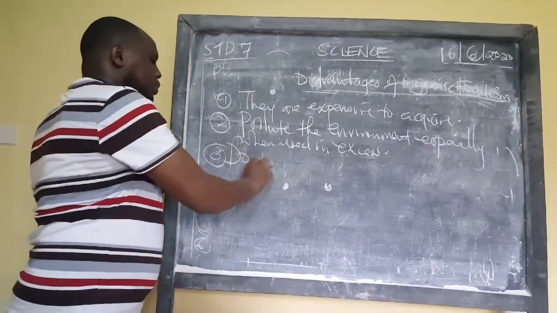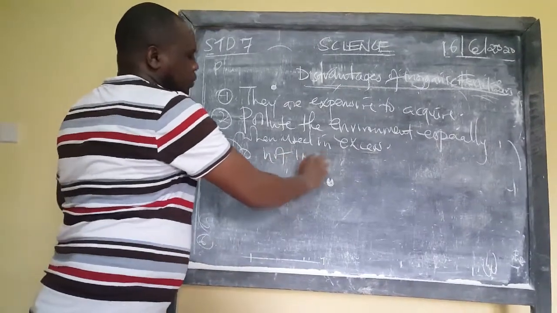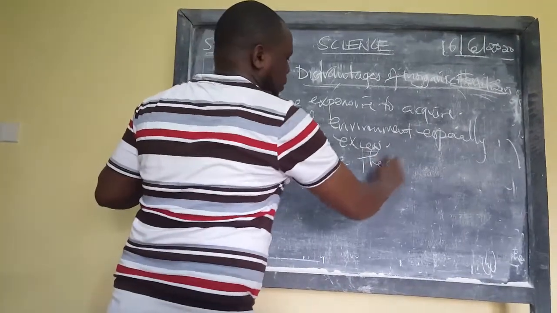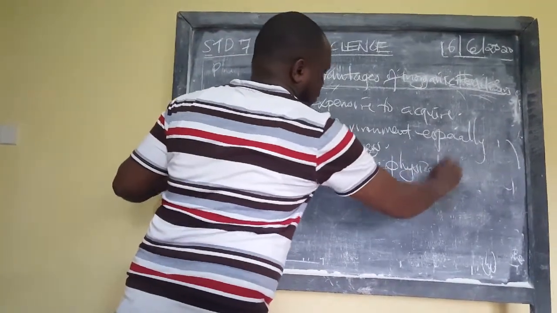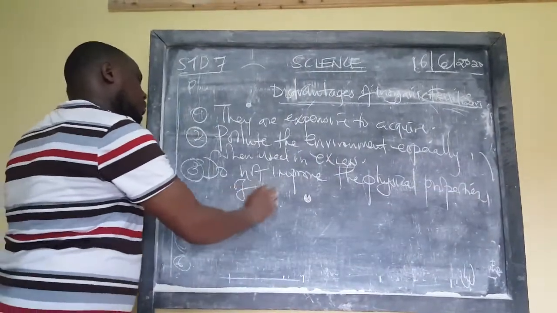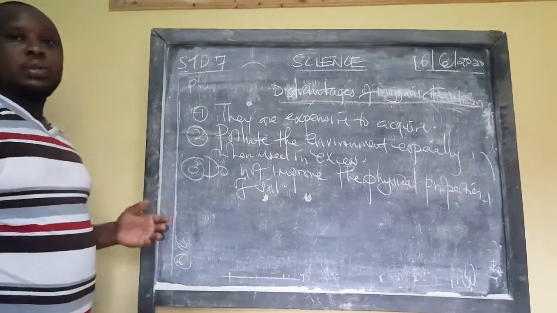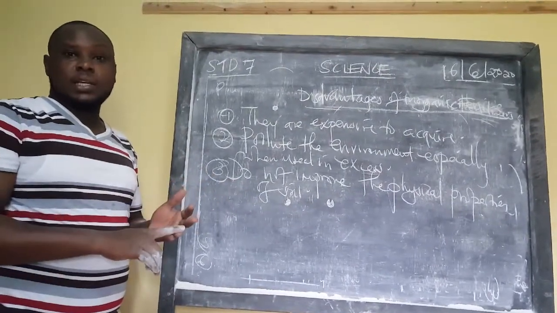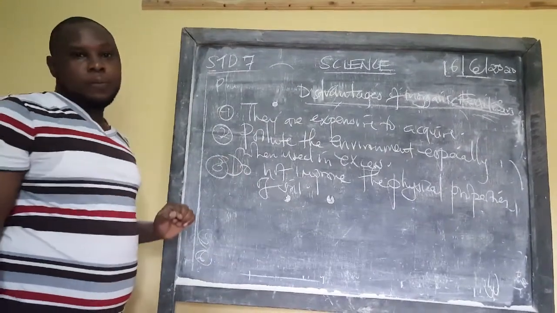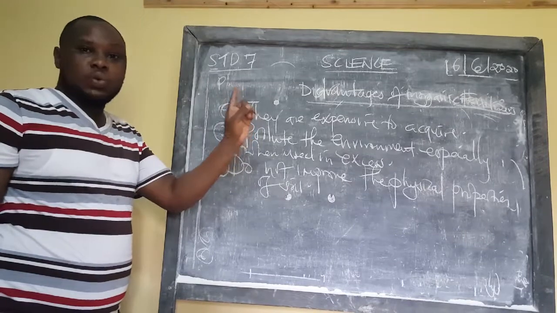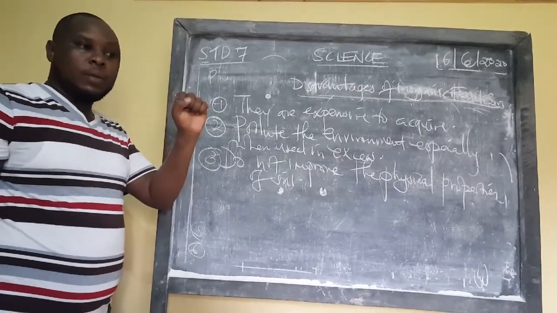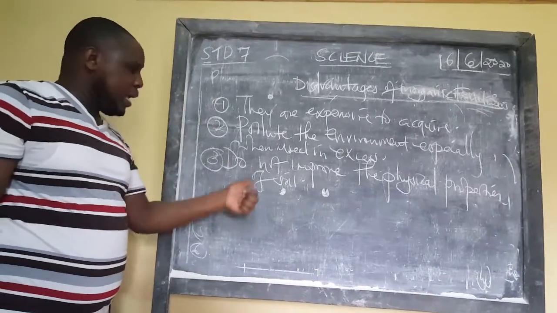They do not improve the physical properties of soil. Learner, in class 5, we talked about physical properties of soil: drainage, capillarity, and maybe water retention. These fertilizers do not improve that, unlike organic fertilizers such as farmyard manure, which improve the physical structure of the soil.